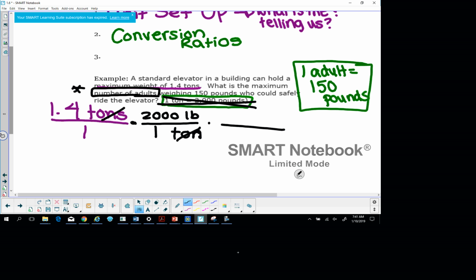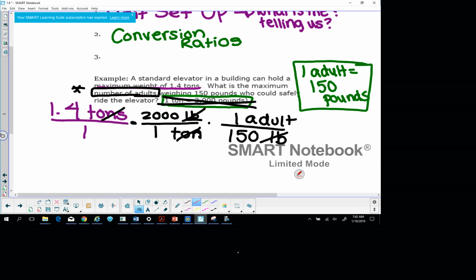Oh, right here. Since pounds is at the top here in the numerator, it's going to be on the denominator here. And I know 150 pounds is 1 adult. Perfect. So now I'm able to cross out pounds and I'm left with adult, which is exactly what I want, because I want to know the number of adults that can ride this elevator.